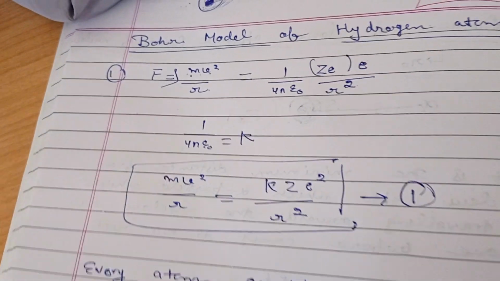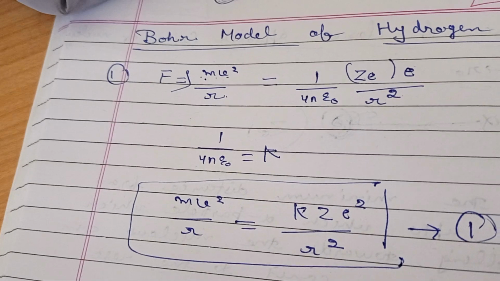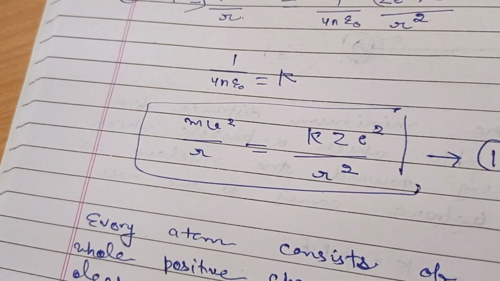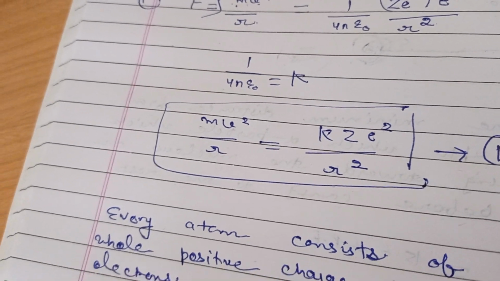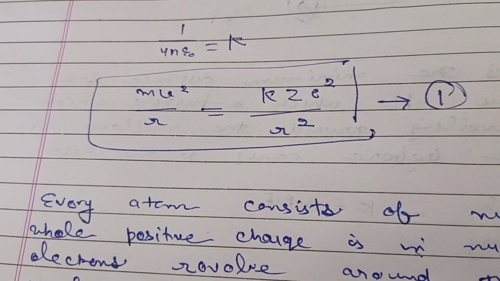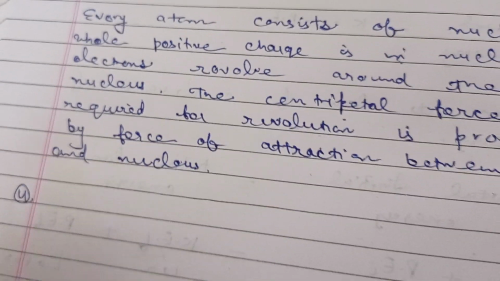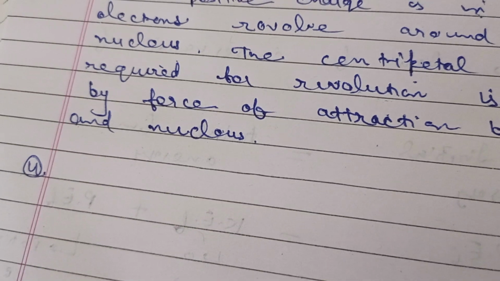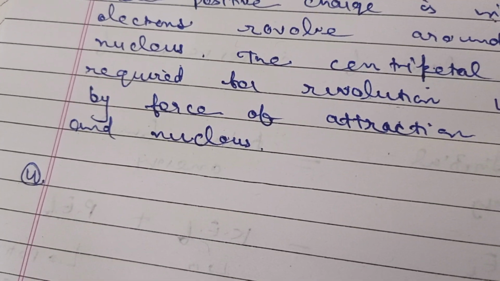Okay students, now the second postulate of the Bohr model of the hydrogen atom is that electrons can revolve only in certain discrete energy levels.